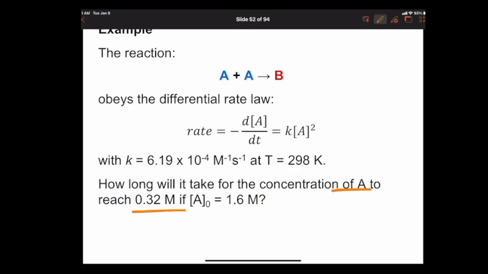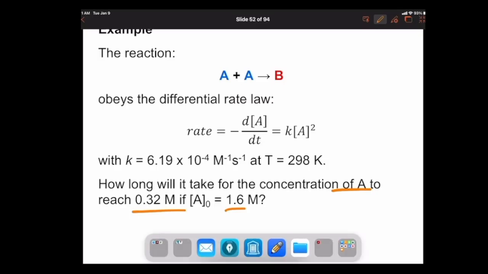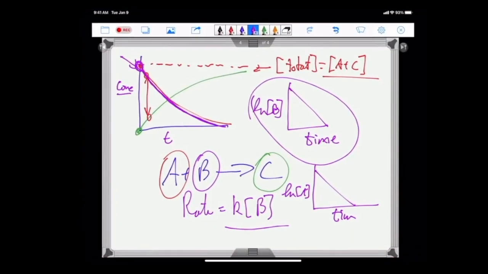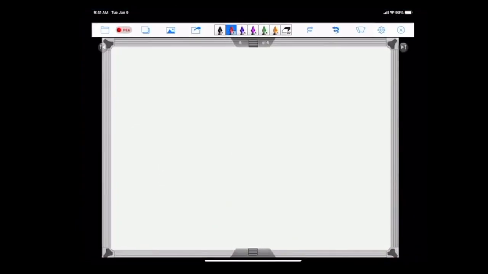How long will the reaction take for the concentration of A to reach some new value? I'm solving for time. So we know, in this case, rate, which we said is equal to minus dA dt, is equal to Ka squared, a second order process. K was given as 6.19 times 10 to the minus 4.